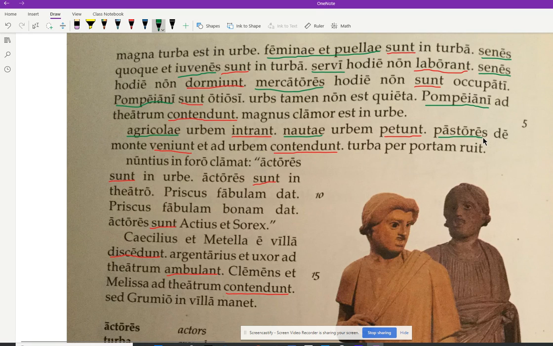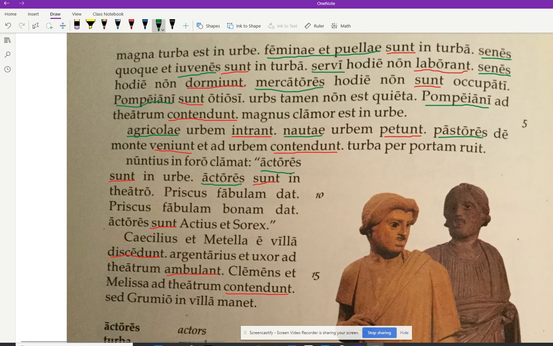Pastores, shepherds are coming. Contendunt, again, it's the shepherds, still the same subject there. So sunt in urbe, who's in the city? So actores. Come on. Actores. Whoops. You see it. And then again, actores sunt.